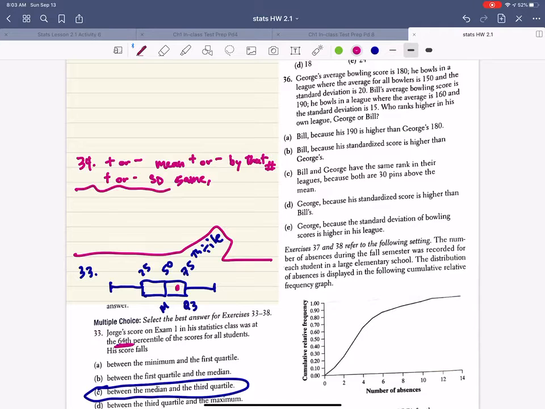But then when we multiplied or divided, the mean also multiplied or divided by whatever that number, by that number. So I think we were dividing by 10. So the mean divided by 10. And then the standard deviation actually changed.